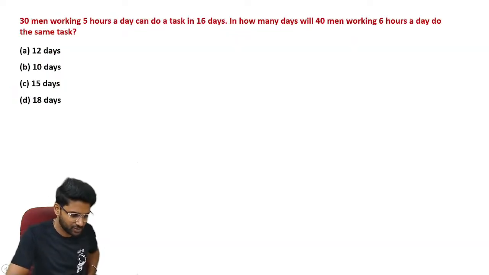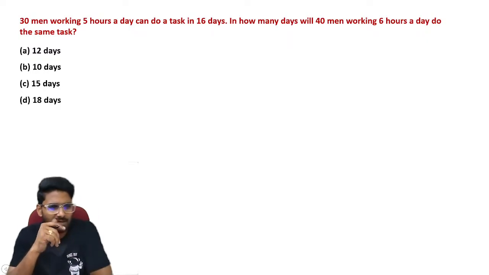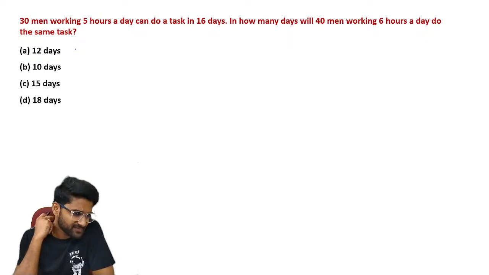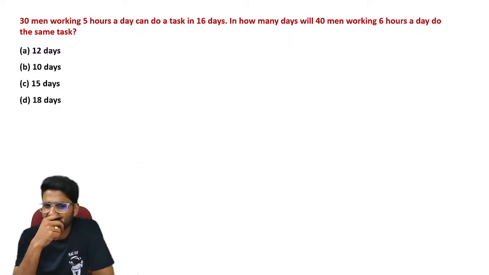Next, let's see this question from the time and work concept. 30 men working 5 hours a day can finish a task in 16 days. How many days do 40 men working 6 hours a day take for the same task?